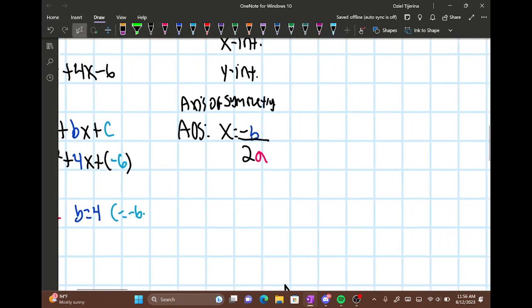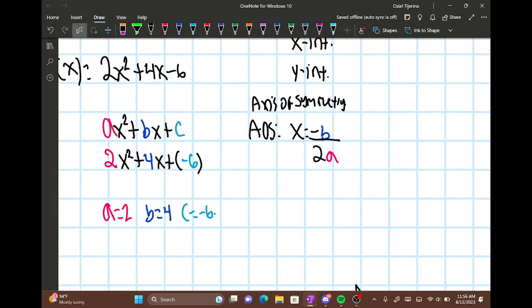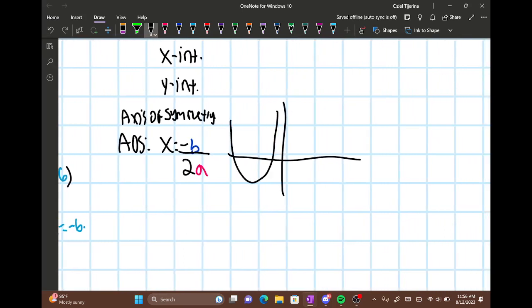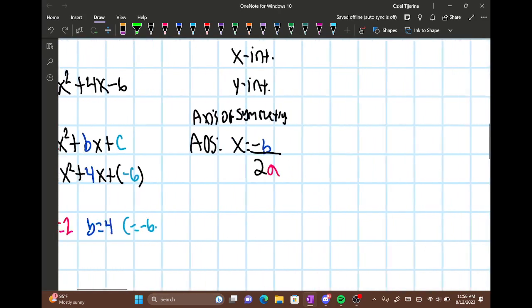And obviously that's why we want to label our a, b, and c. The axis of symmetry just means that when you have a parabola, it's the line that divides the parabola in half. I just want to make that very clear.